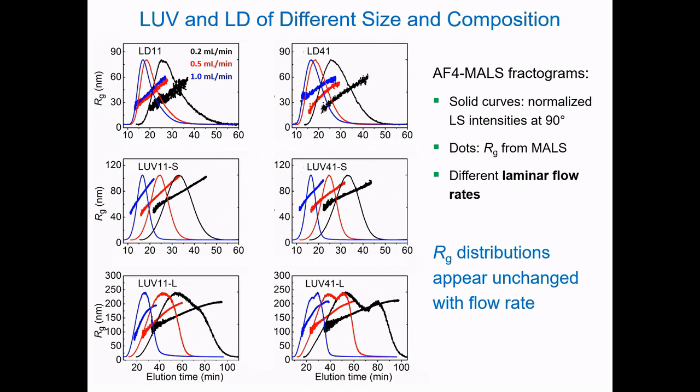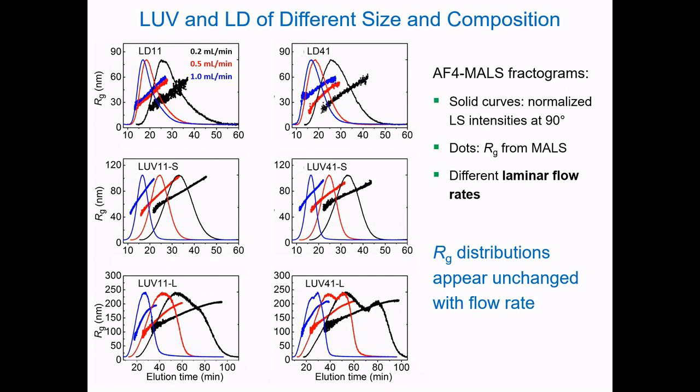So let us look at how the applied longitudinal flow in AF4 affects the extracted radii from static and dynamic light scattering measurements. In the first set of experiments, we adjusted at each chosen detector flow rate the velocity of the crossflow, since we wished to elute the whole samples within the operating crossflow in order to ensure fractionation of samples according to size.